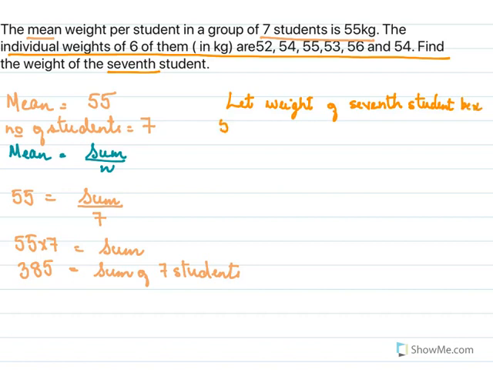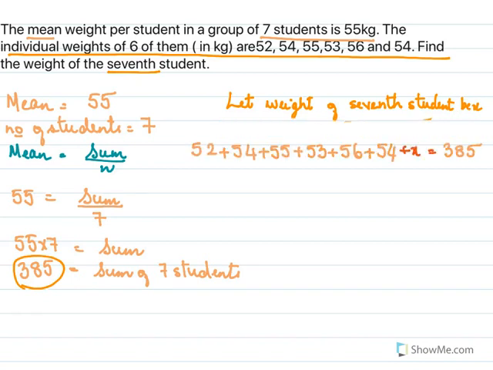So I can say now 52 plus 54 plus 53, these are the 6 students, 56 plus 54 plus x of 7 students will be equal to 385. Here we've got 385, 7 students. So now we have to find the value of x.